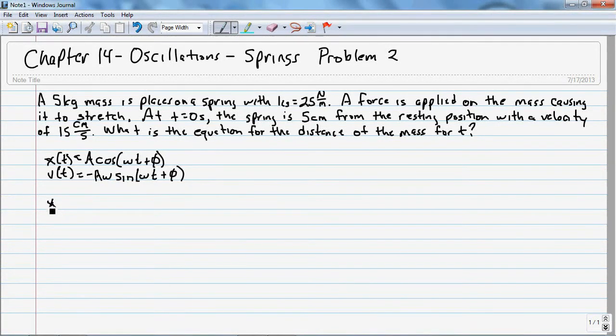x at 0 is going to give me a cosine. t is 0, so it's just going to be a cosine of phi. And x at 0 is 5 centimeters.